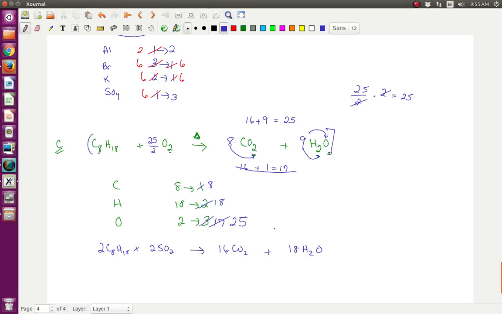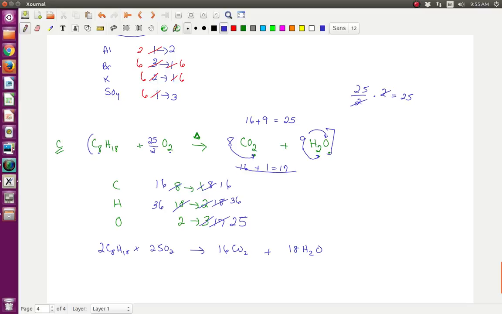Now, let's just check the count. Let's recount. So 2 times 8 is 16 carbon here and 16 on the other side. 2 times 18 is 36 hydrogen on this side, and then 18 times 2 is 36 hydrogen on the other side.